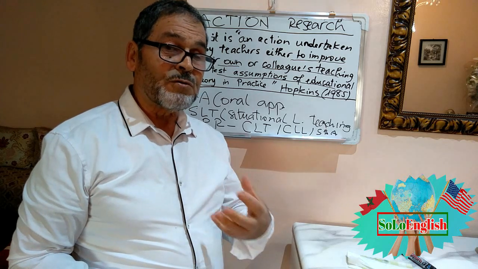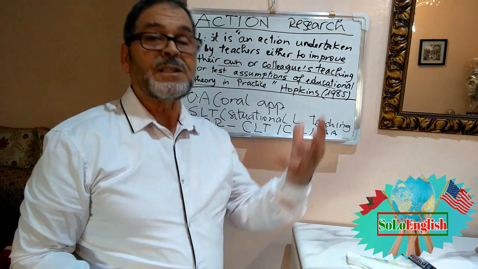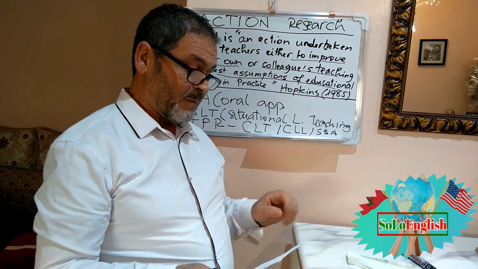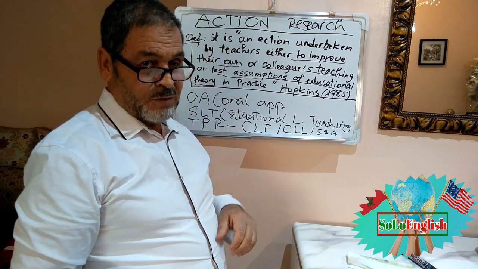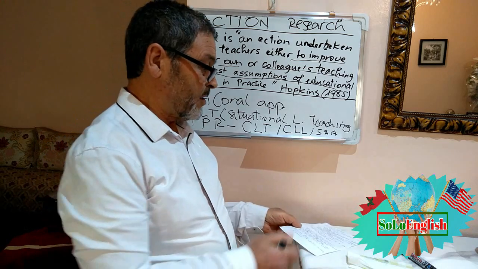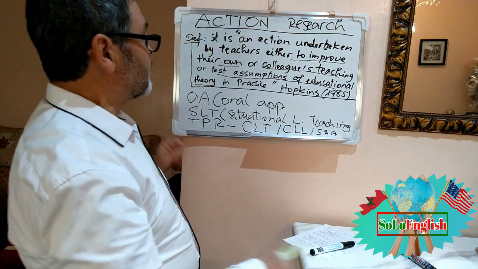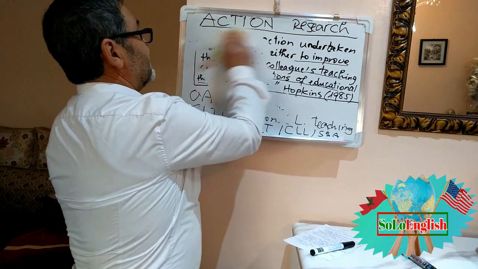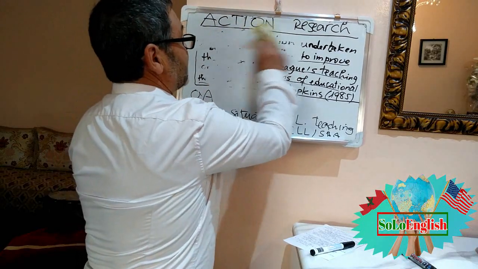Now I'm going to see how to implement action research. This is today's objective. My objective is how to implement this action research, and now I'm going to show you how to implement it. Okay, so this is the definition of action research.